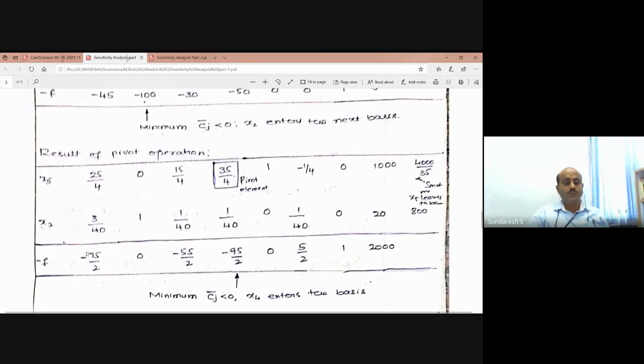What about the cost coefficient row, minus F row? Complete it in a similar way to what I explained.